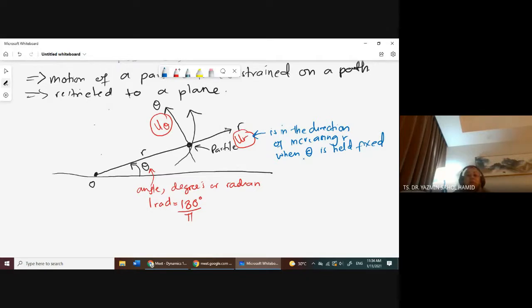So R can increase, but theta is held fixed. This theta is fixed and then R can increase.